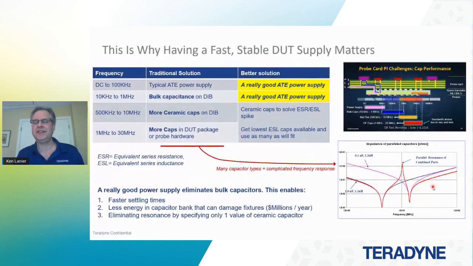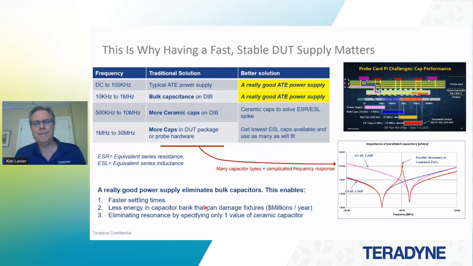If you were to look at the response of each particular capacitor type, and you get these resonances lining up for different capacitor types, really, really bad things happen. So, the better the power supply in the DIB, to a first order, it allows you to go down to one type of capacitor and eliminate the bulk capacitor. It gives you good settling times.